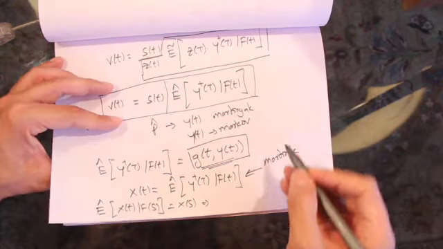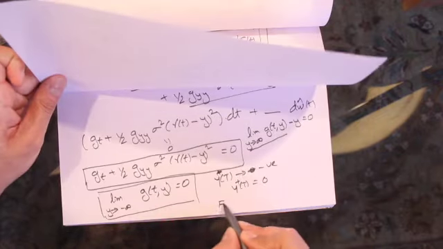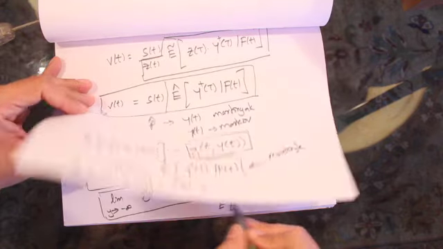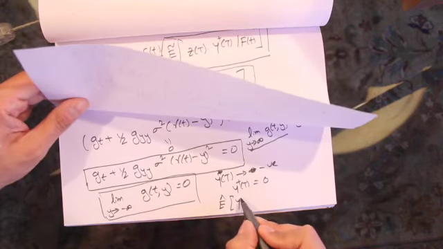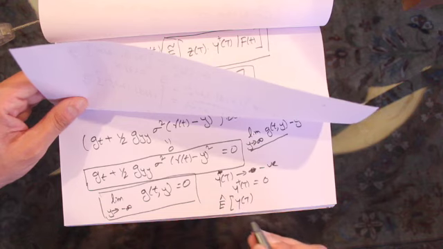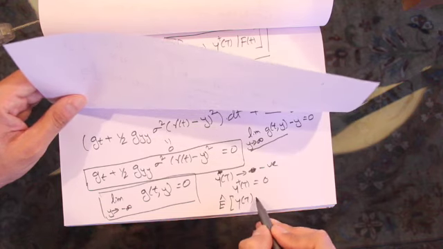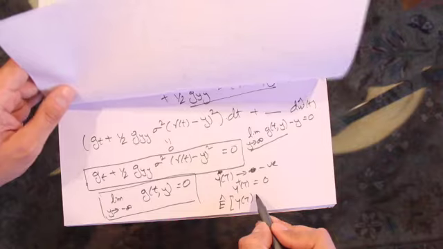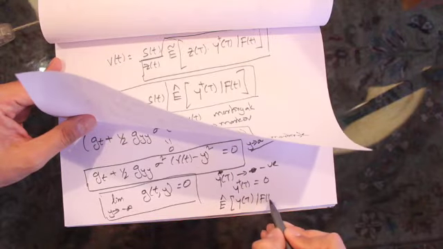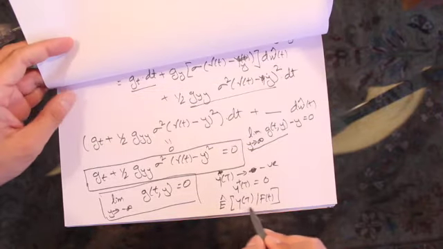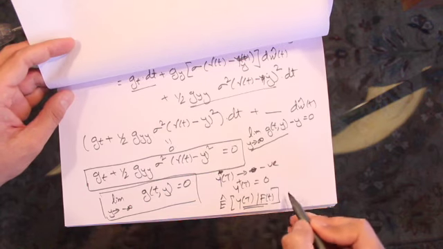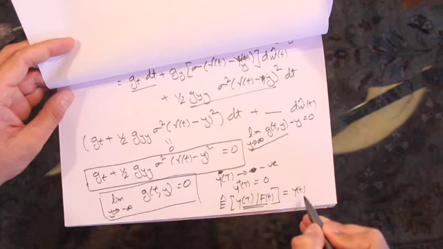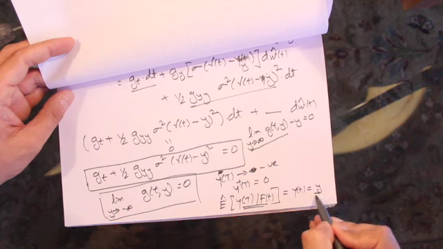So this expectation becomes the expected value, instead of y plus of capital T, it will be y of capital T, the expectation of y of capital T given information at time t. As I said, this is also a martingale, so this would just be y of t, which in our case is equal to y.